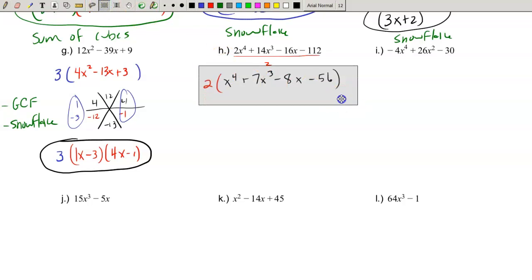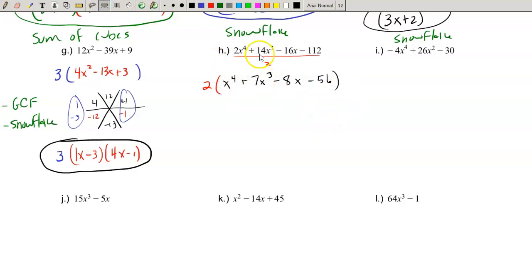So now we're left with this black part, which is still 4 terms. We can try to group this and do factor by grouping. So let's say we take this and we group it up into 2 separate pieces, like right there. So I have this piece right here, and I have this piece right here. We have 2 separate groups, and I'm going to try to factor out the greatest common factor from both of these.